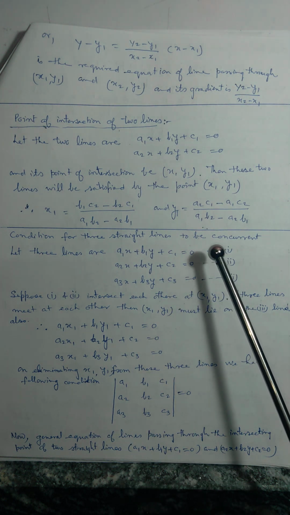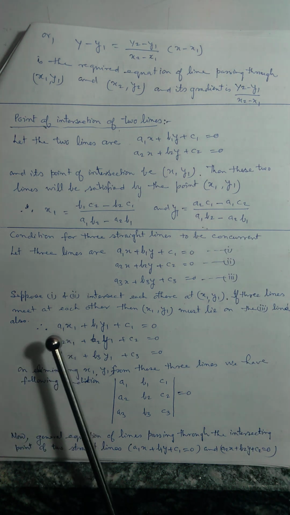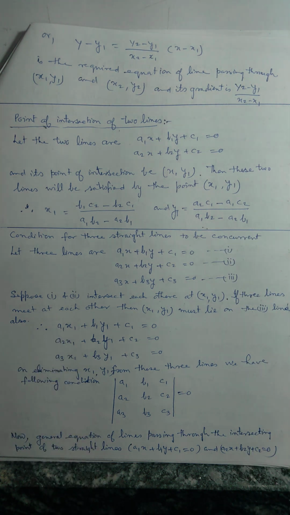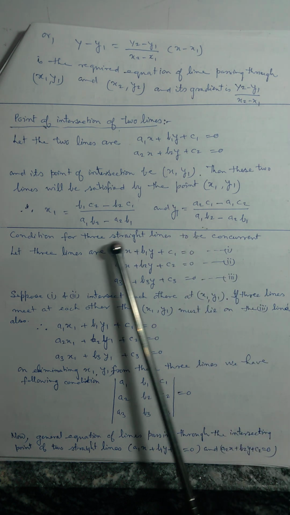So here you see a1 into b2 minus a2 into b1. Now the condition for three straight lines to be concurrent, means all three lines pass through a particular point, which is known as the concurrent point.